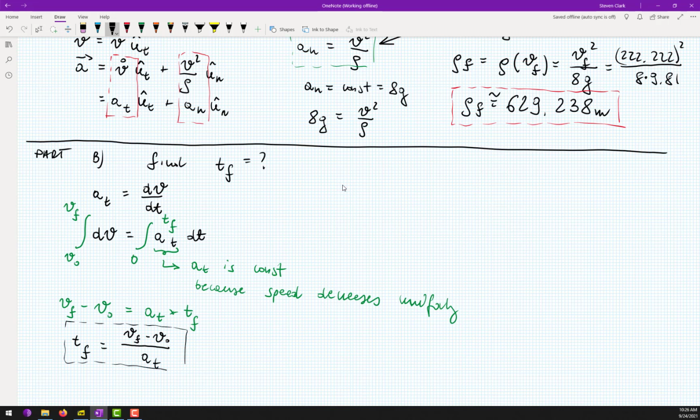Almost done, yeah? We know everything, but we don't know the value of AT. Yes, we know what is V final, we know what is V0, they told us, but we do not know this value. We must find it somehow. Any ideas?